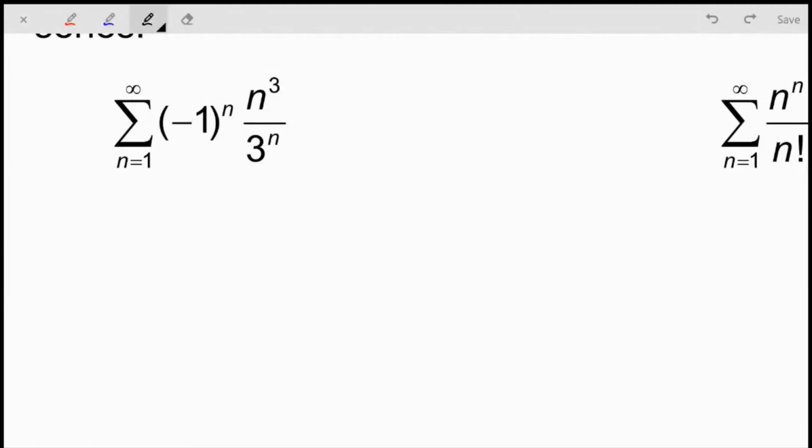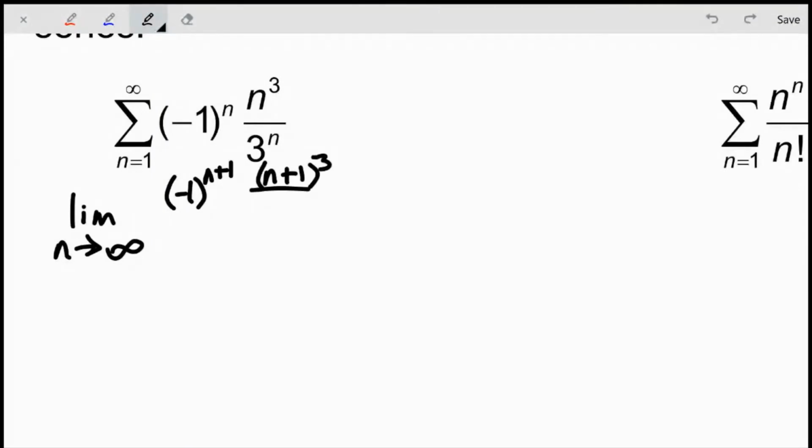Okay, so what I'm going to do here is I'm going to take the ratio of terms. So I'm going to take the limit as n goes to infinity, and I'm going to do the n plus 1 term over the n term. So I've got negative 1 to the n plus 1 times n plus 1 cubed over 3 to the n plus 1. So that's the n plus 1 term. Anywhere there was an n, I plugged in an n plus 1.